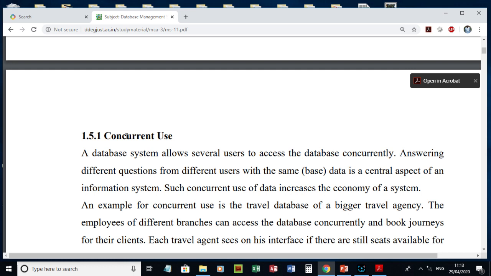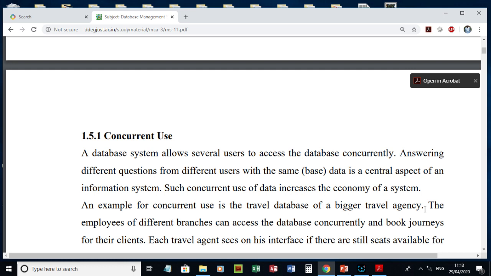That is why I am spending time telling you some of the terms that we use. Data concurrent use means that different people can use the data at different times and different locations, even at the same time.